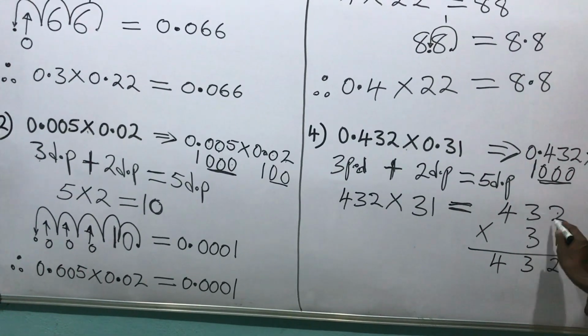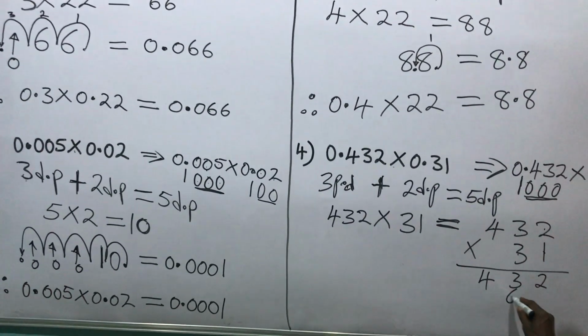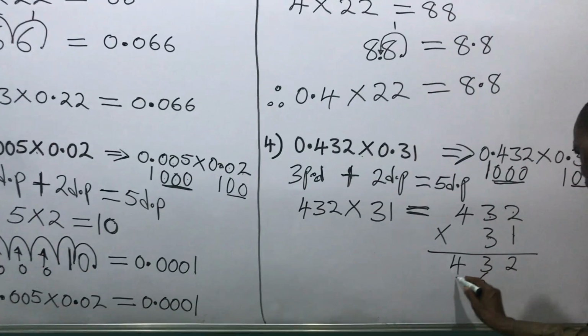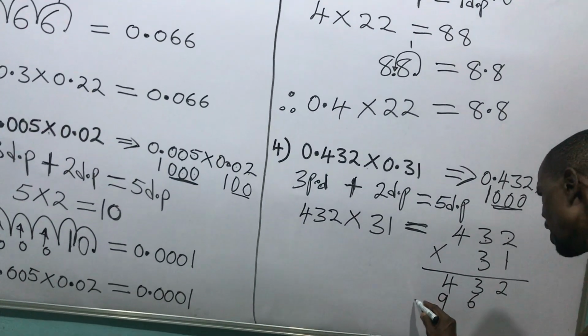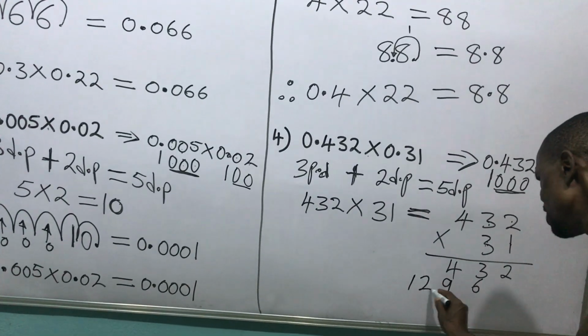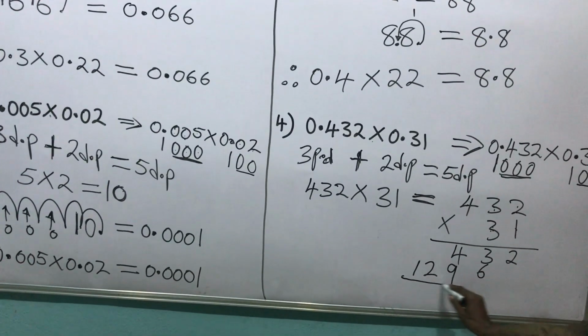And 3 times 2 will give me 6. And 3 times 3 will give me 9. And 3 times 4 will give me 12.